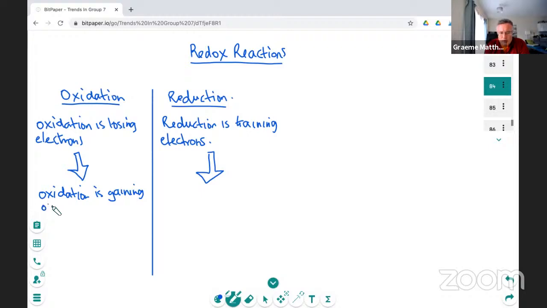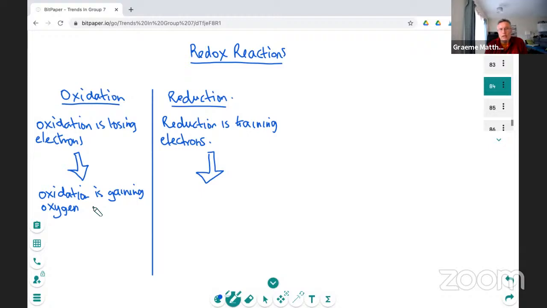Two examples come to mind. First, if you're looking at the oxidation of alcohols up to aldehydes, ketones, and carboxylic acids, this is a useful way of looking at a redox reaction.